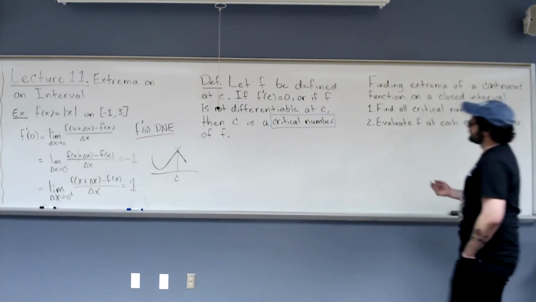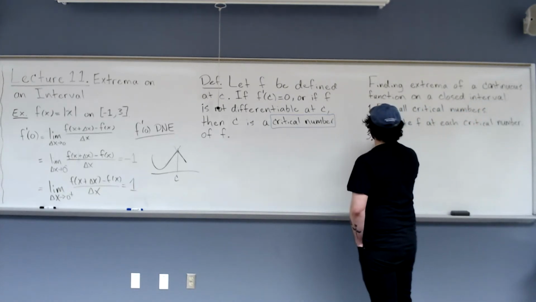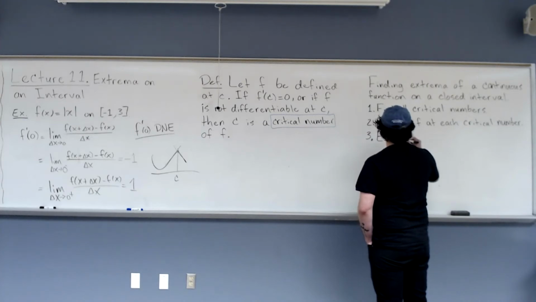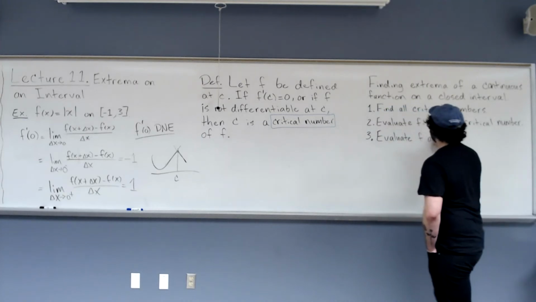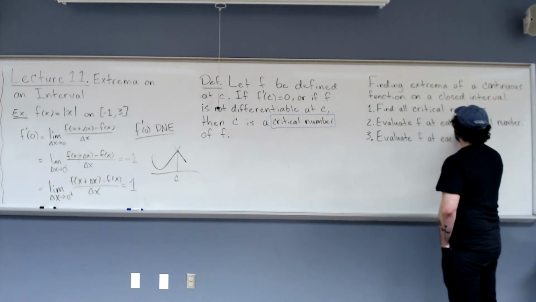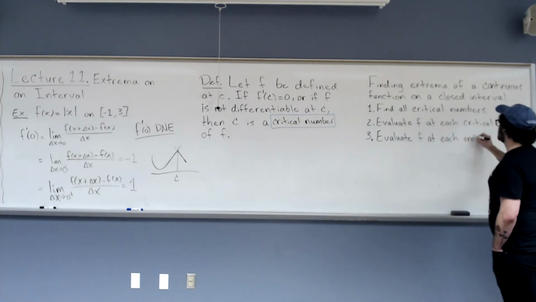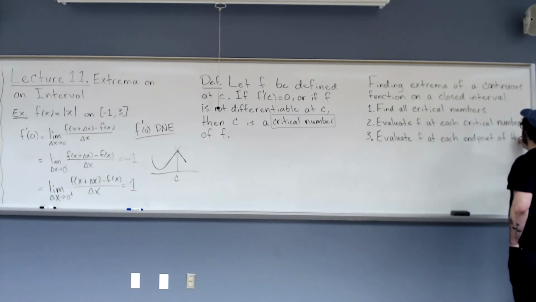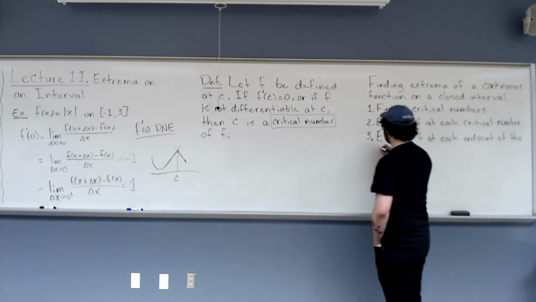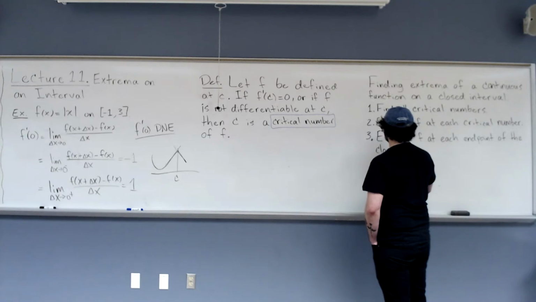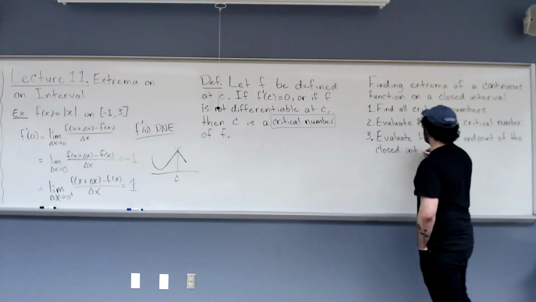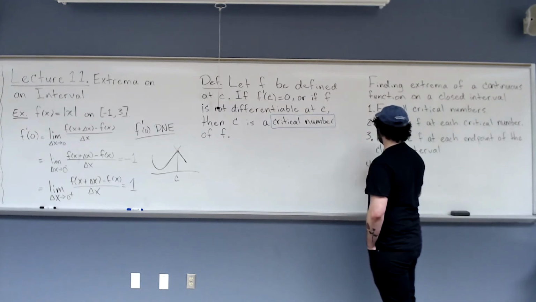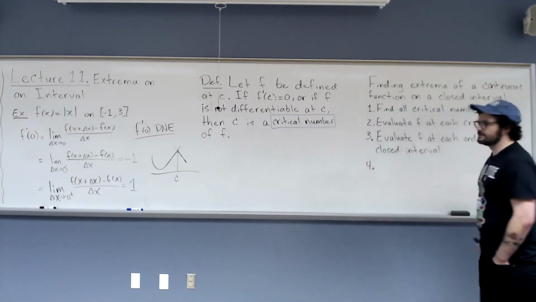Okay. Part 3. Evaluate f at each endpoint of the closed interval. And then part 4, that's the simplest one.